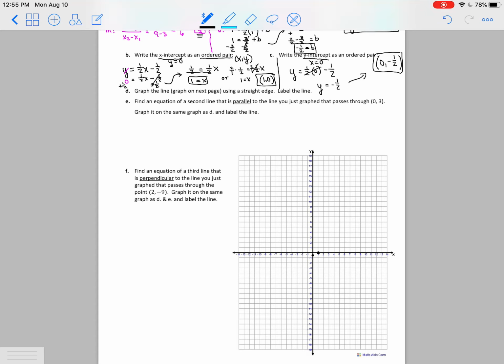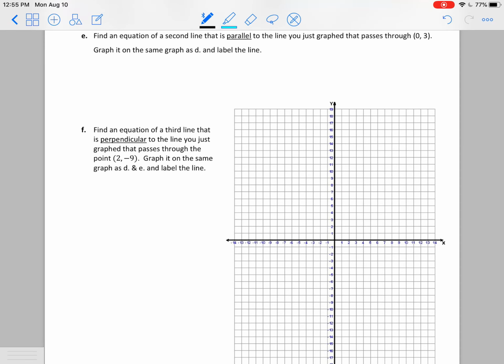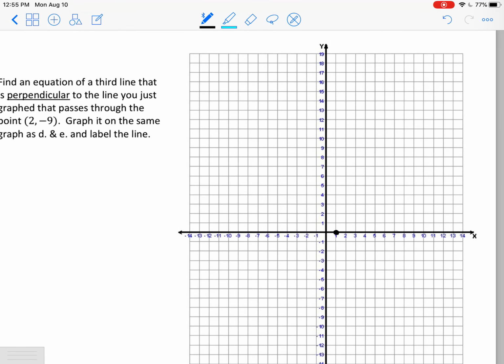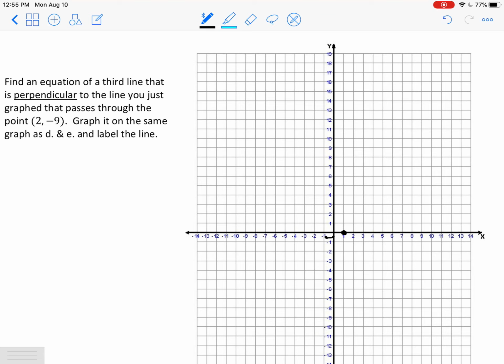I would suggest when you have something like this, if we were to just draw a line through here, you can see it may not be super exact. So I would recommend, I'm going to put these back again, 1, 0, and 0, -1/2.